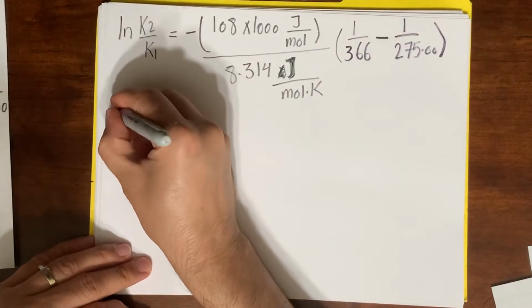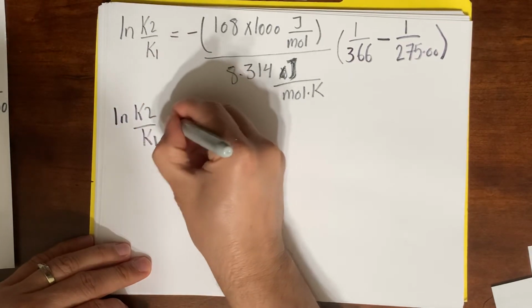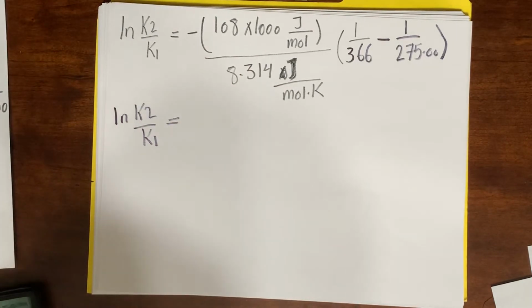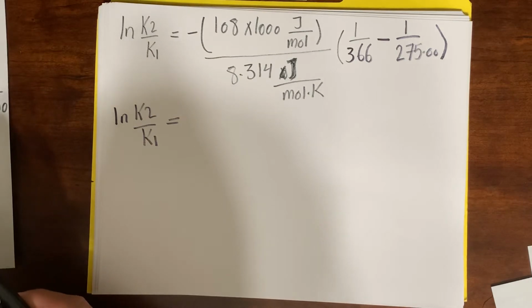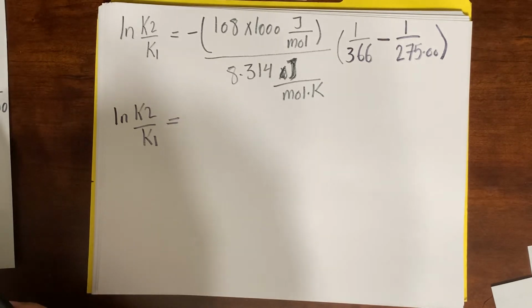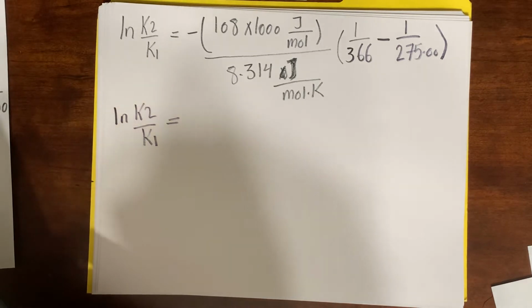So we get ln of K2 over K1. Let's get the answer for it. So I have 1 divided by 366 minus 1 divided by 275. Okay, negative number, multiply by 108, multiply by 1000, divide by 8.314. I got minus 11.7.